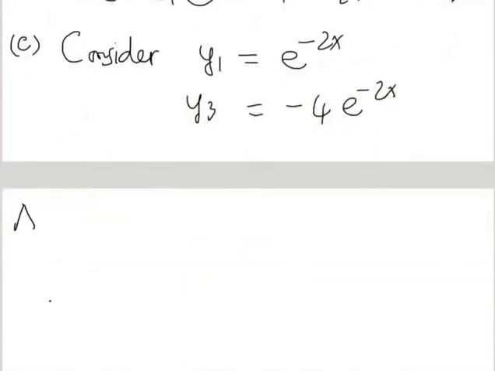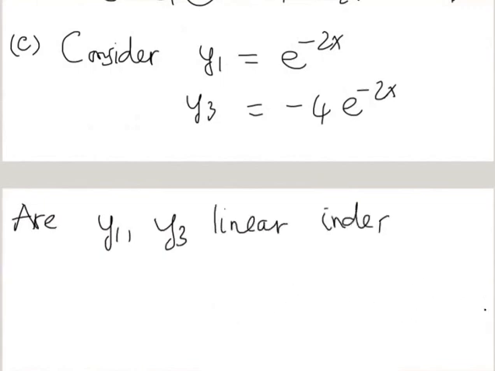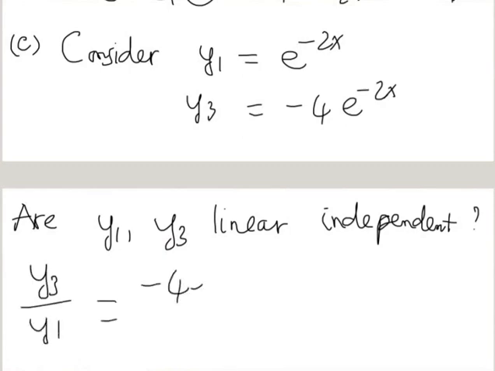The question is, are y1, y3 linearly independent? Well, to decide this, you need to take the ratio, but this time we have the numerator minus 4 e to the minus 2x, denominator e to the minus 2x.